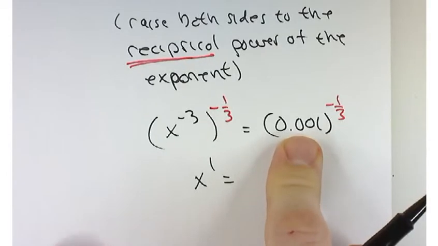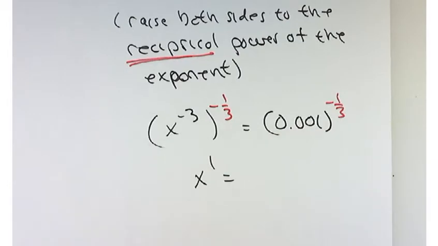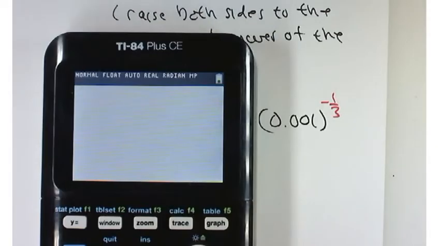And then here, well, what am I going to do there? Take out your calculator, of course. All right, so let's make our calculator earn its money. I want 0.001 raised to the negative 1 divided by 3 power.